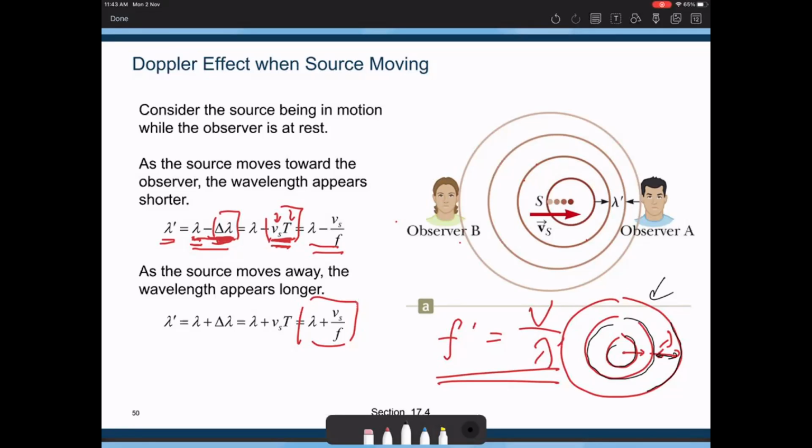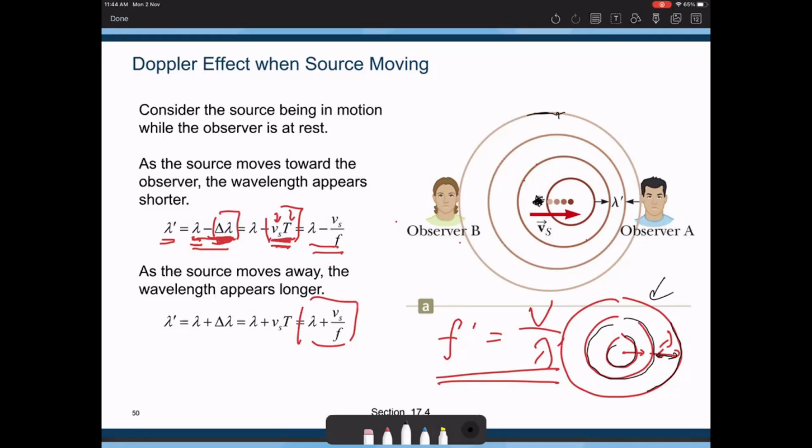Now, if your source is moving, then from time to time, the source would be moving. For example, in the diagram on the top, it will be moving from left to right. So the circles are no longer concentric. They are no longer sharing the same center. For example, the outermost circle would have the center here.